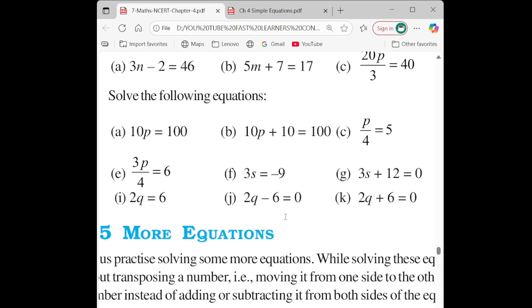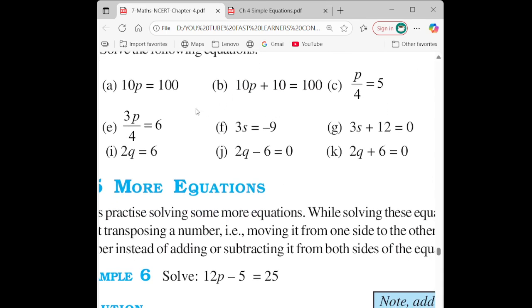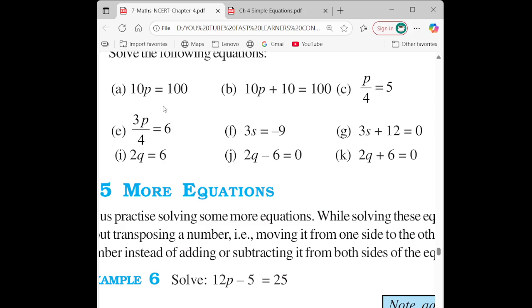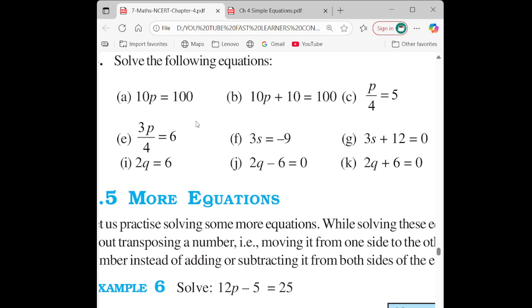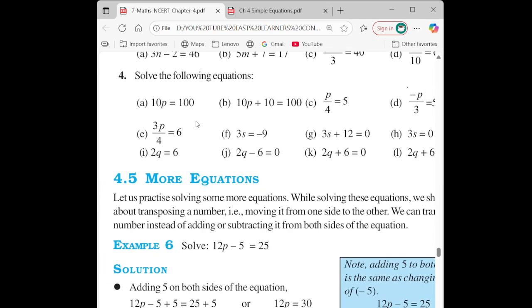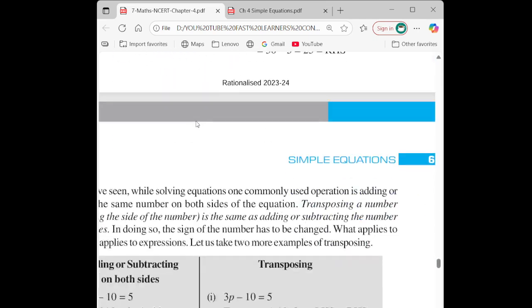Okay, question 4 is also same way you have to follow. Take the number, add, subtract, divide or multiply on both the sides and let the variable remain alone in the end.